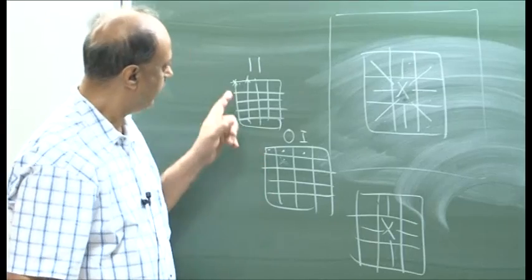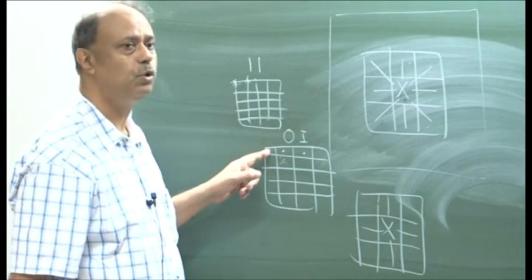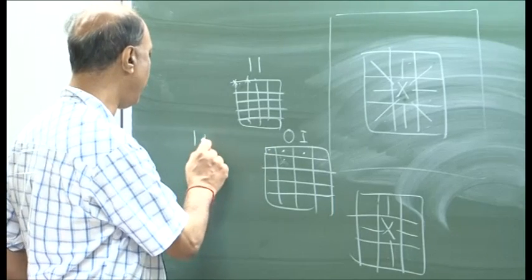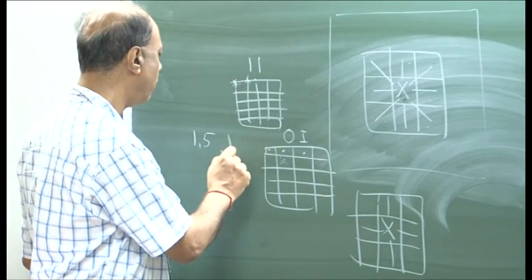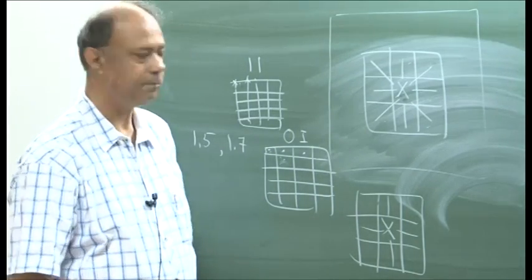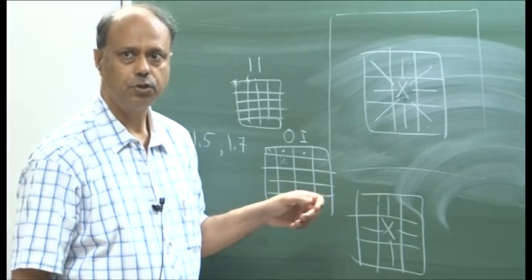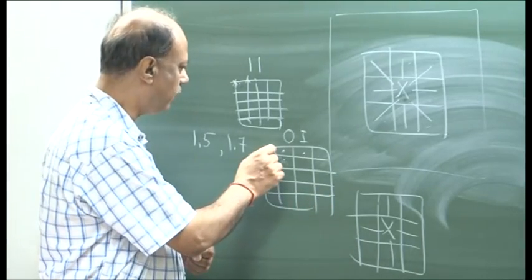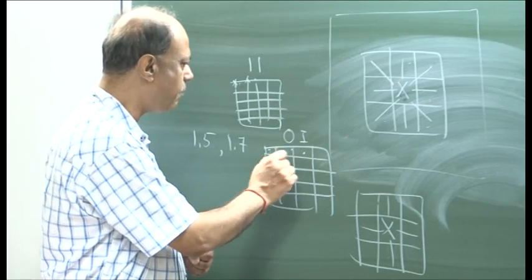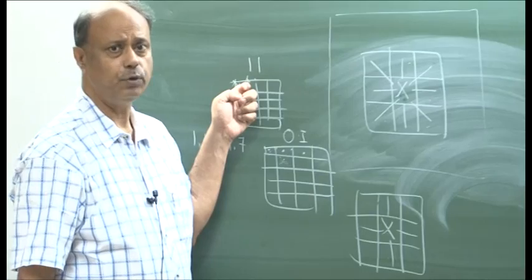But see, this coordinate, say 1,1, has been moved to maybe 1.5 and 1.7. It need not be an integer, but these grids are integers, right? So you have to get the gray value or intensity value of these integer points of the output image from the original input image.